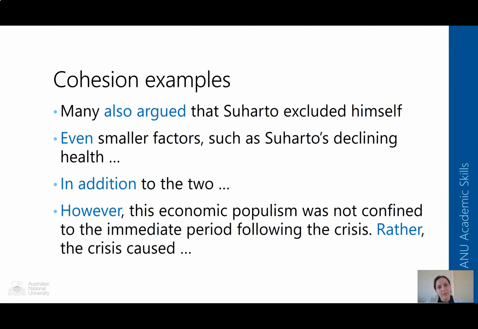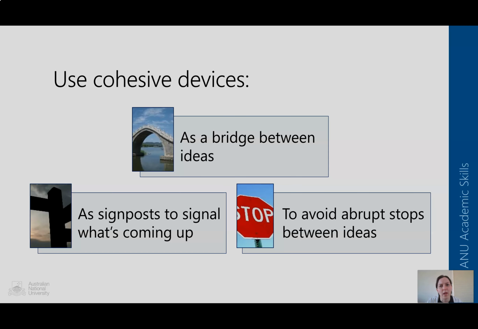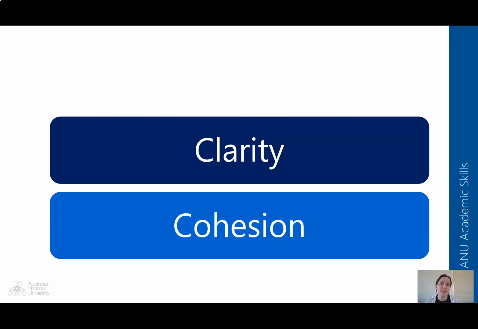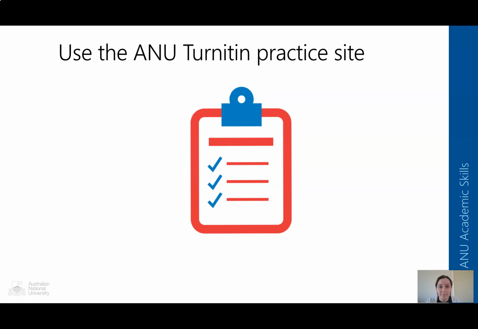So those cohesive devices are quite important to show how the ideas all fit together. So look back over your work when you're editing it and go through it and check, have you used the appropriate cohesive devices? So ask yourself, am I bridging between ideas here? Am I telling the reader what is coming next? Or am I trying to smooth transitions? So when you're looking for expression, look at these kinds of things for clarity and cohesion.